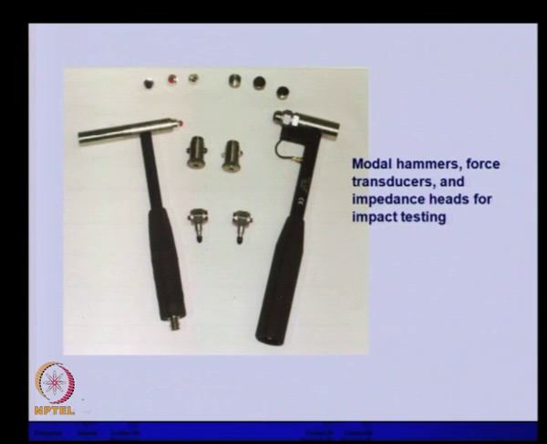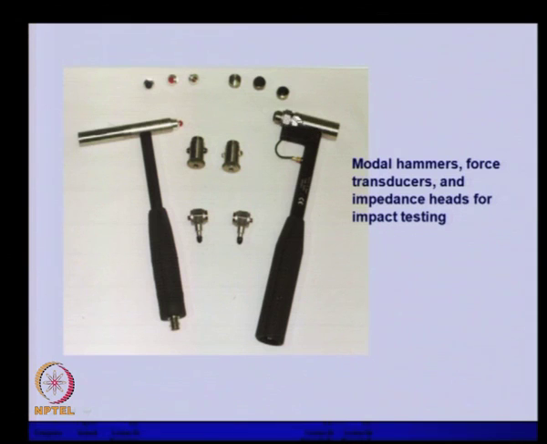This is another kind of instrument which is called impact hammer or modal hammer. So, sometimes we need to give some kind of small force to the machinery, and corresponding to this, we want to monitor the change in the vibration, and this is the purpose of this particular modal hammer.